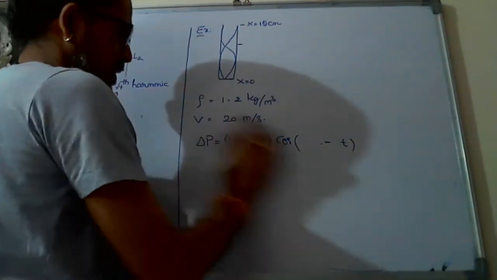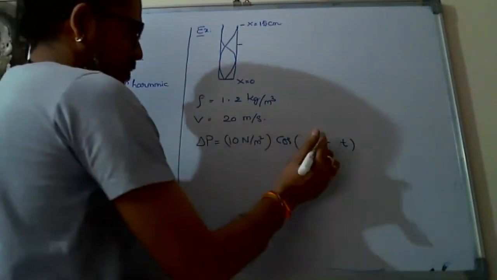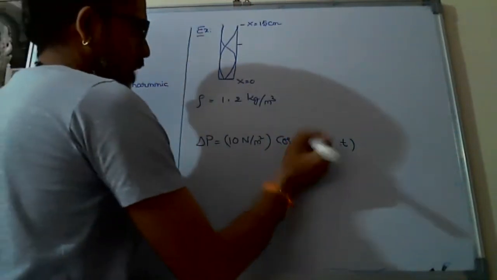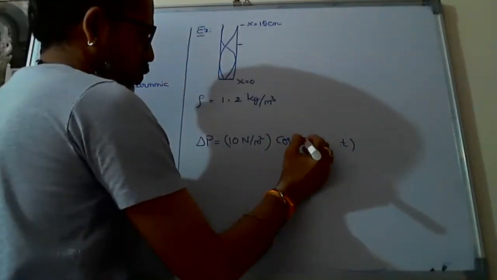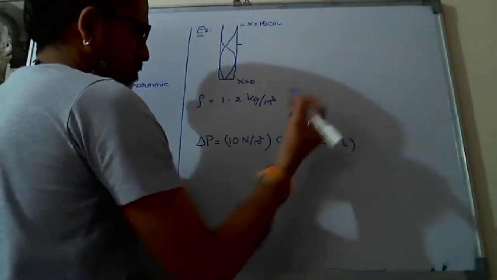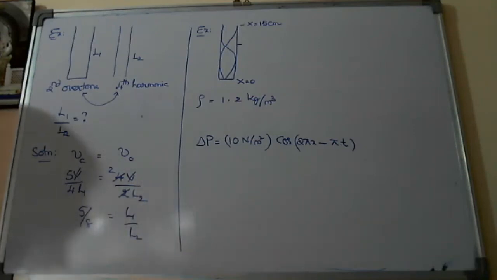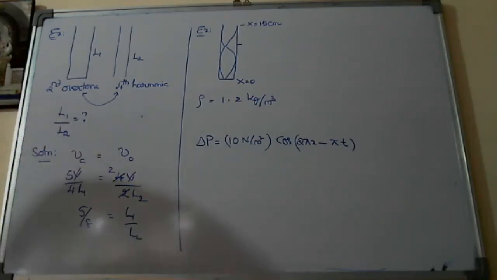Better I take my own values: 2 pi x minus pi t. This is the equation here, right?